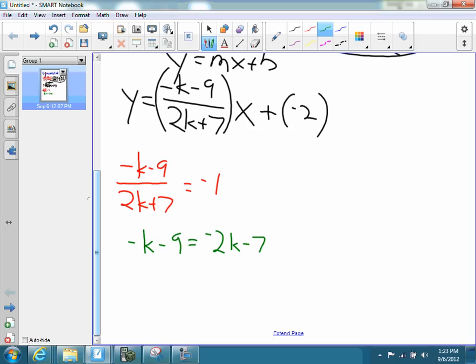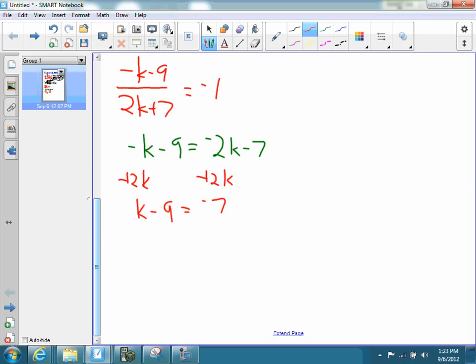Add 2k to both sides, and this gives me k minus 9 equal to -7. If I add 9 to both sides, that gives me k equals 2. Is that the right answer? Yes.